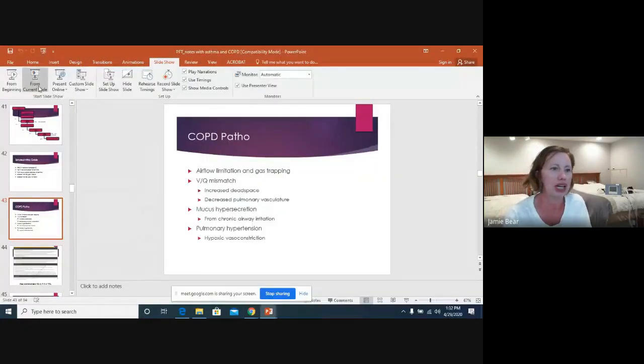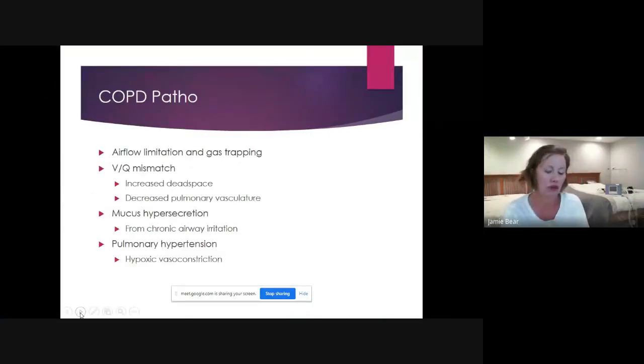Okay, so just for a quick review, the pathophysiology of COPD: patients have airflow limitation and gas trapping. They have VQ mismatching from both increased dead space and, as they get sicker, a decrease in their pulmonary vasculature.